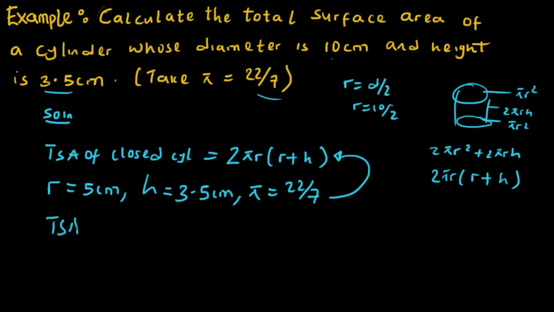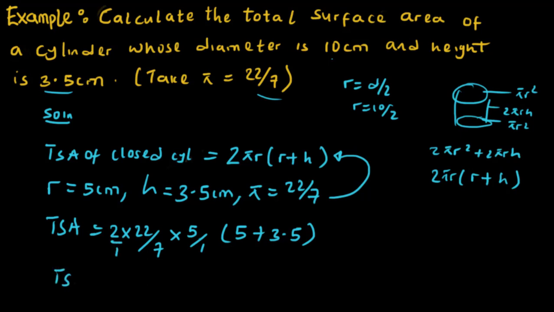We have total surface area equals 2 times 22 over 7 times 5 over 1 into brackets 5 plus 3.5. Does this make sense? Now if you look, there's nothing that can cut anything, so we just multiply.